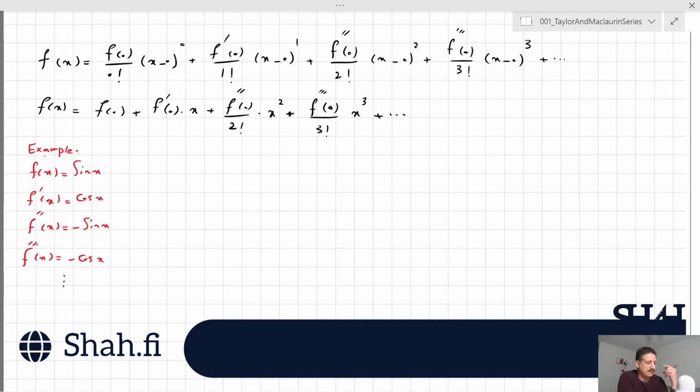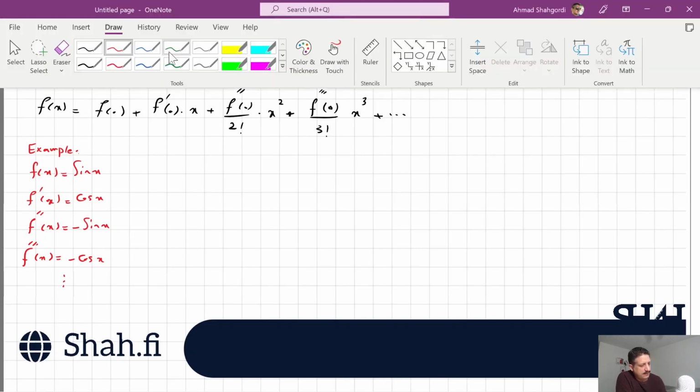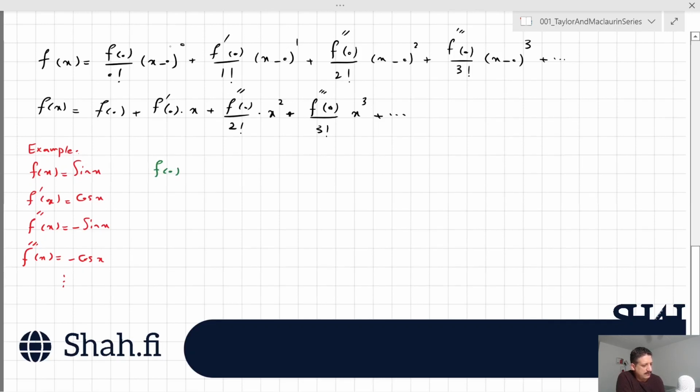Now we need to calculate the function and all derivatives at the point of interest, which in the Maclaurin series is always 0. So f at 0 will be 0, f prime at 0 will be 1, the second derivative will be 0, the third one will be minus 1, and so on.